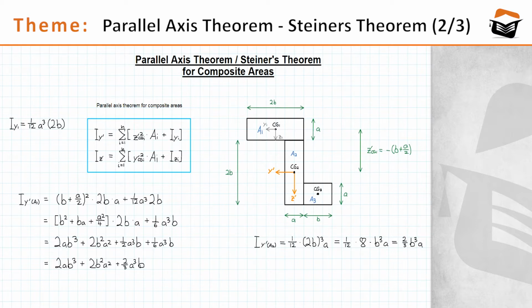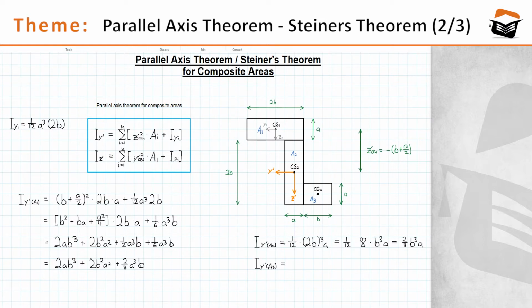And at last, let us calculate the area moment of inertia of the third partial rectangle, A3. Okay, I'm gonna continue here. So I sub y prime of A3 is equal to, okay, now we have to apply the same method that we did with the first partial rectangle.